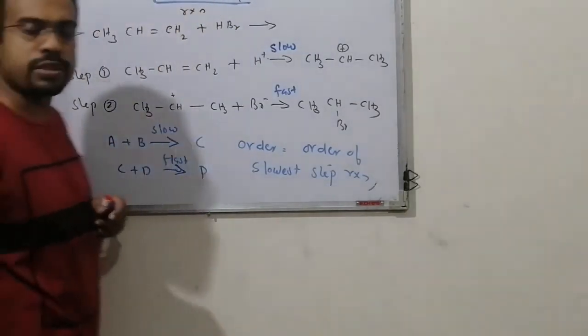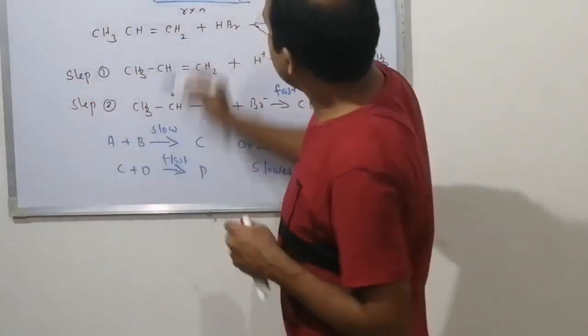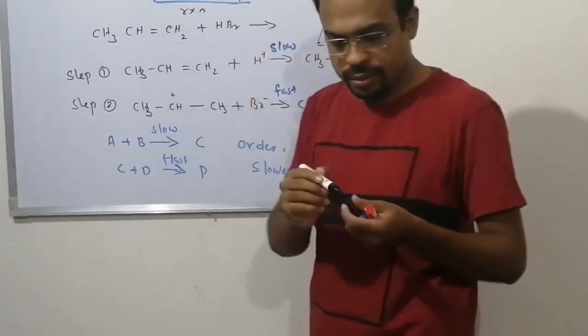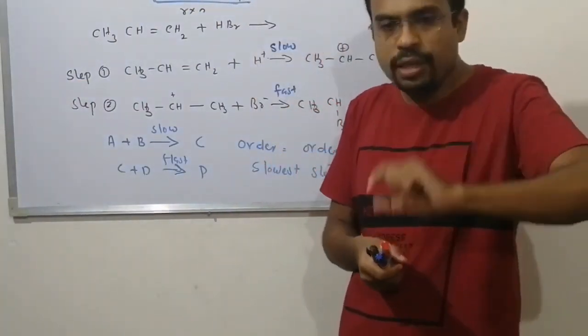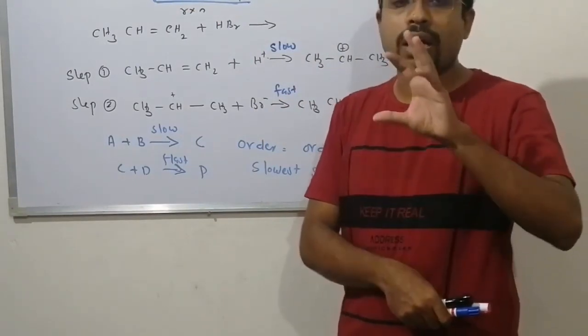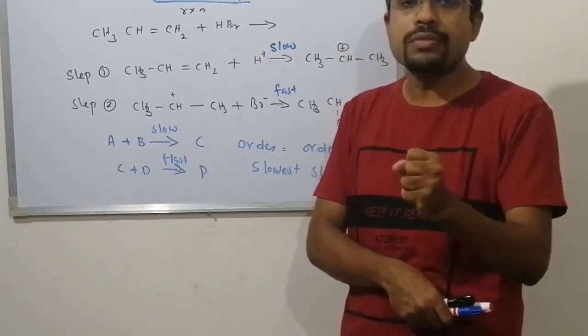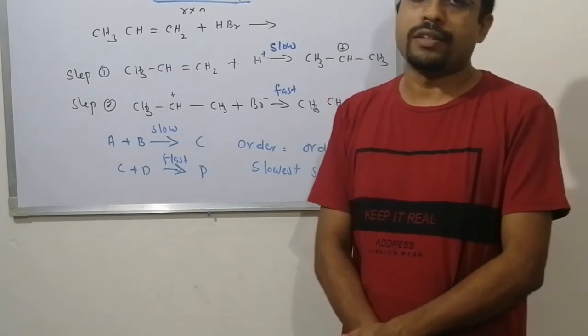This has higher activation energy. That is why we said this is the slowest step. Therefore, please understand, the slowest step is the step in a reaction which requires the highest activation energy.